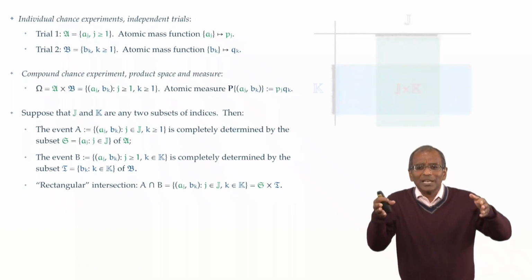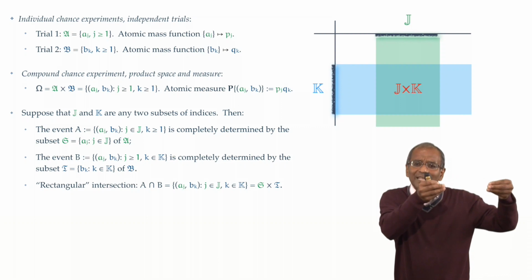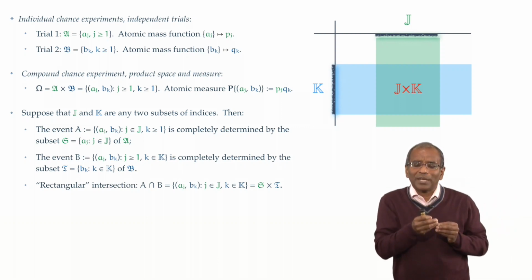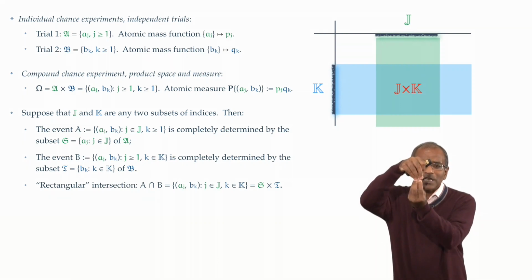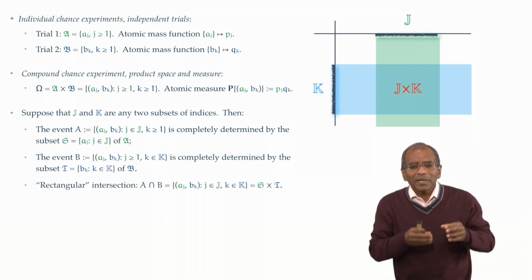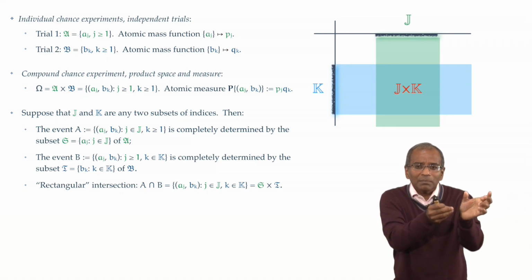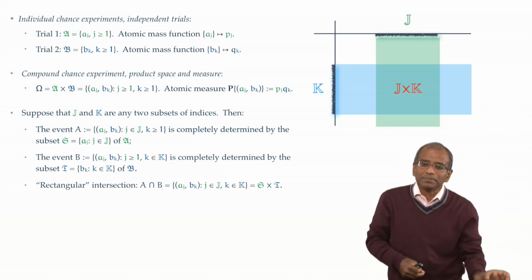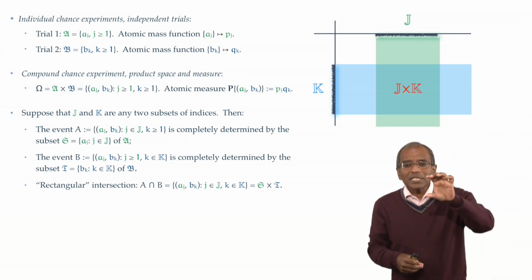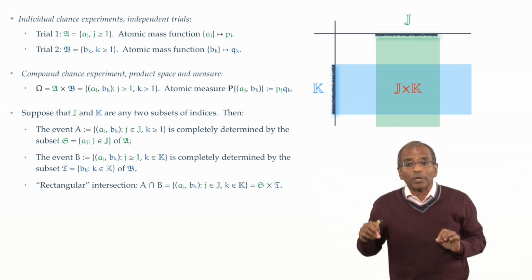If you imagine that the subset of indices blackboard j represents, let's say, the interval shown on the upper right of the screen, and the subset of indices blackboard k represents another interval on your screen, then if you allow the first index to be in blackboard j, the second index to be unfettered, you get a strip. If you allow the second index to be only in blackboard k, the first index to be unfettered, you get another, this time horizontal strip.